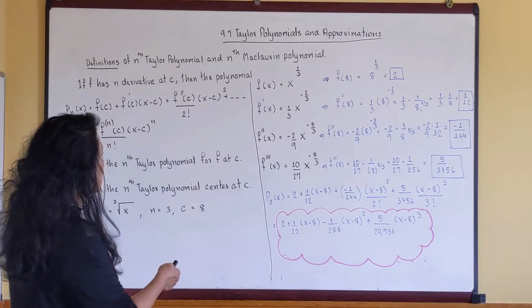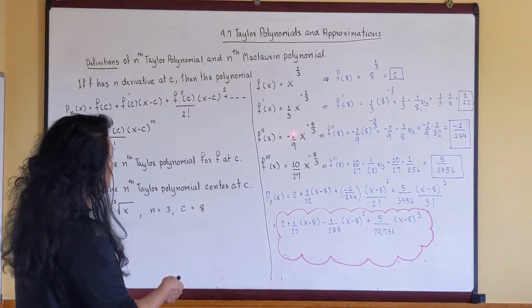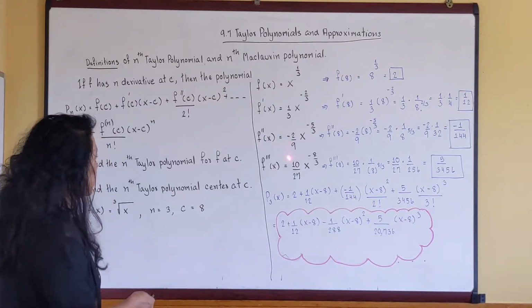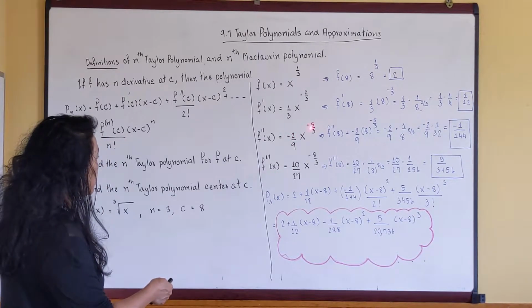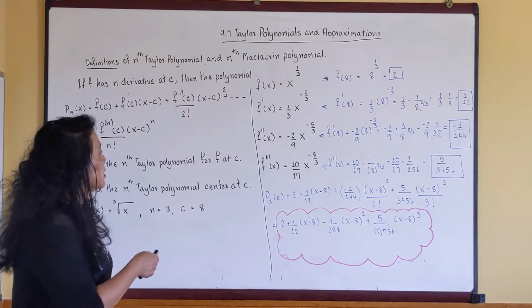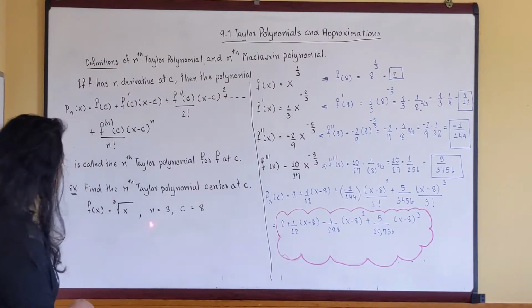I take the derivative again: 1/3 times negative 2/3 is negative 2/9, x to the negative 5/3. Then for the third derivative, I multiply negative 2/9 and negative 5/3. I get 10 over 27 times x to the negative 8/3. So that is taking the derivative 3 times because n is 3.